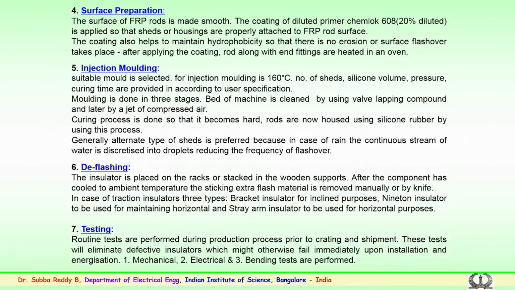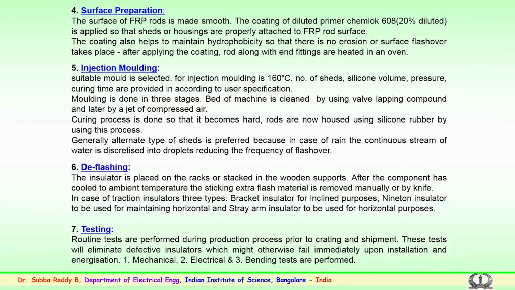Then after injection molding, the insulator goes for deflashing. Here the insulator is placed on racks or stacked on wooden supports. After the component has cooled to ambient temperature, the extra silicon rubber material sticking to it is removed manually or by using a knife.